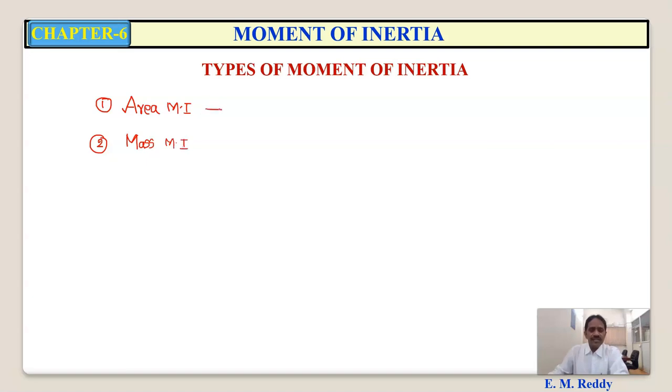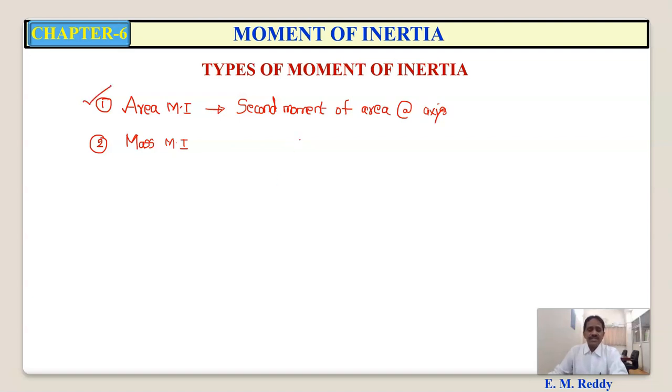So, area moment of inertia is defined as the second moment of area about a particular axis. Similarly, mass moment of inertia is the second moment of mass about an axis. But in this topic, we are going to study in detail about the area moment of inertia.